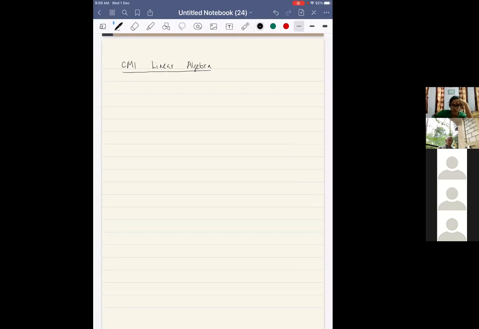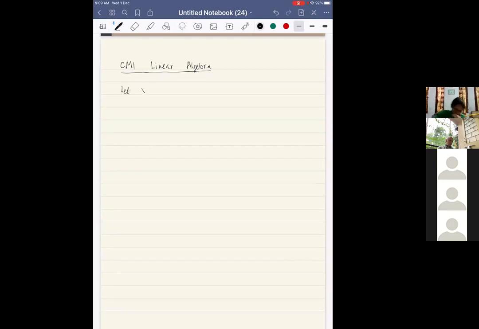Okay, so let V be an n-dimensional real vector space endowed with an inner product.